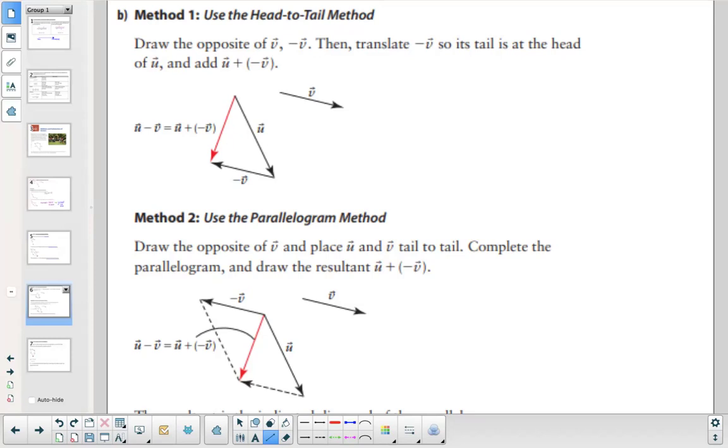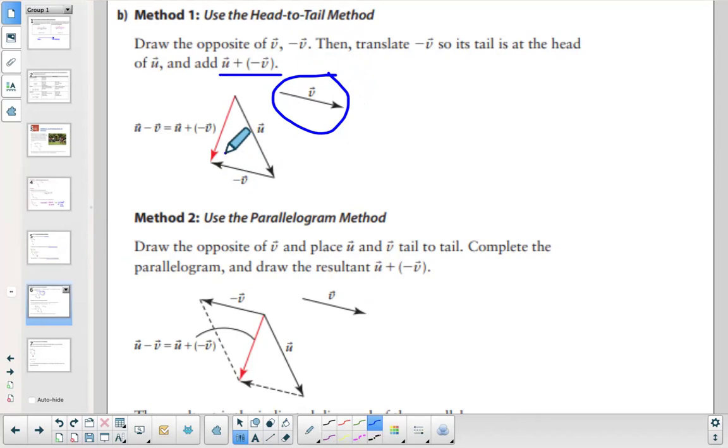So using the head to tail method, if we go back to vector one, we can also illustrate subtraction. So when I'm talking about subtraction, I'm talking about vector u plus negative vector v. So if this is vector v, negative v is going to be moving in the opposite direction.